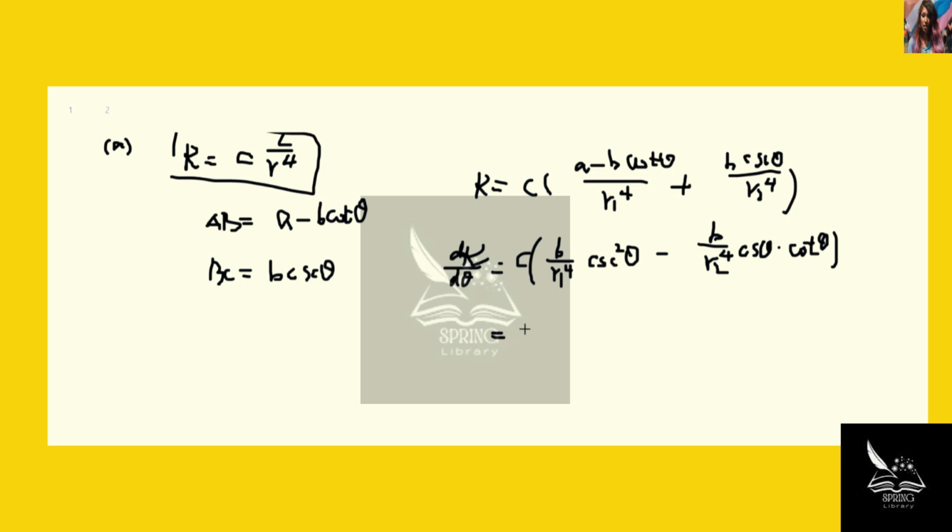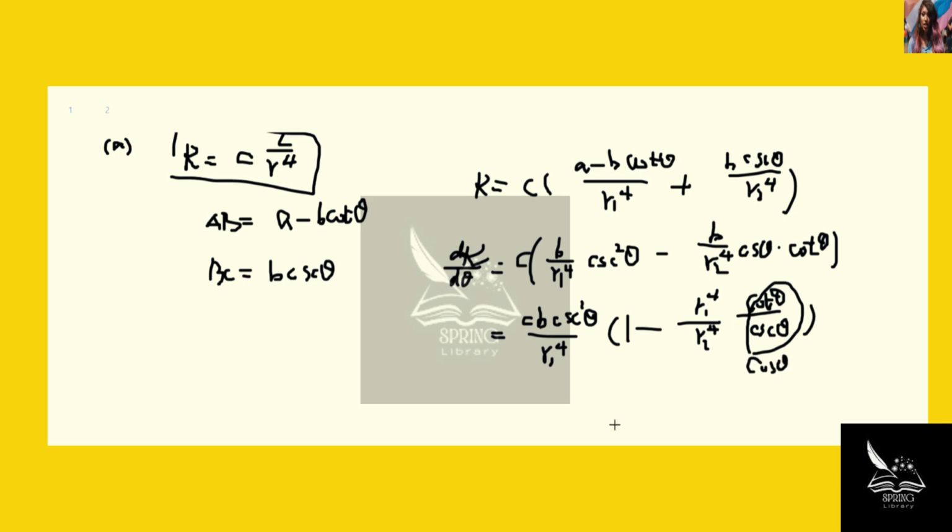So this is equal to C times b cosecant squared theta over R1 to the power of 4 times 1 minus R1 to the power of 4 over R2 to the power of 4 cotangent theta over cosecant theta. But here, cotangent theta over cosecant theta is equal to cosine theta.